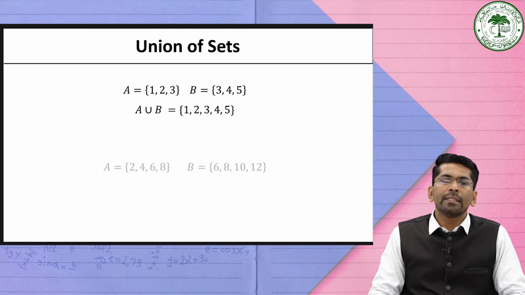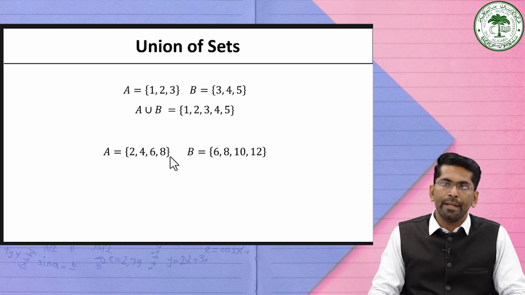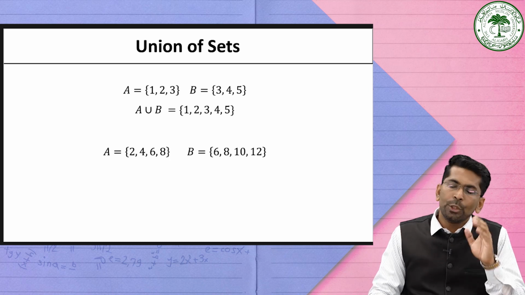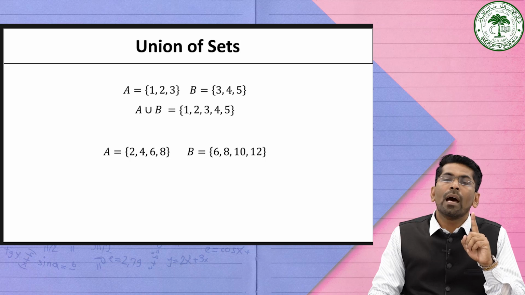Now we have another example. Given set A equal to {2, 4, 6, 8} and set B equal to {6, 8, 10, 12}. So here the union of sets, A union B, is the set of all unique elements from both sets, combining the elements from set A and set B and ensuring that common elements are included only once.